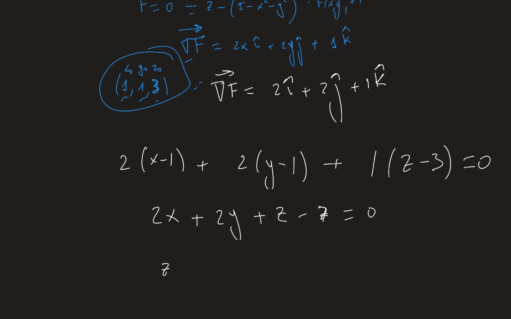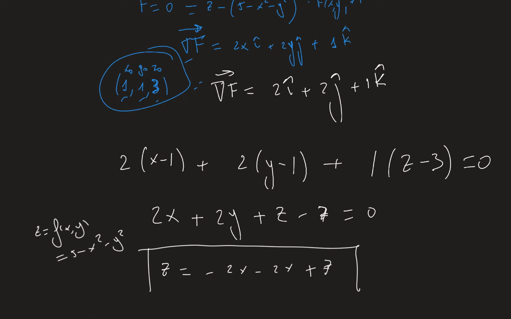So z equals minus 2x minus 2y plus 7. What does it mean? That the function z equals f(x, y) equals 5 minus x squared minus y squared can be approximated by this function near the point 1, 1, 3.